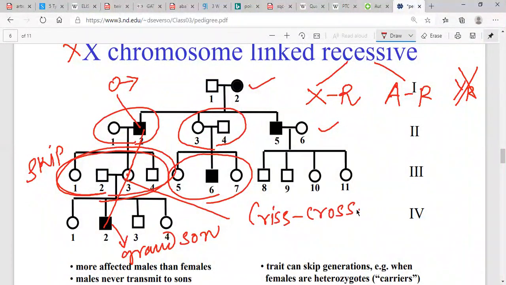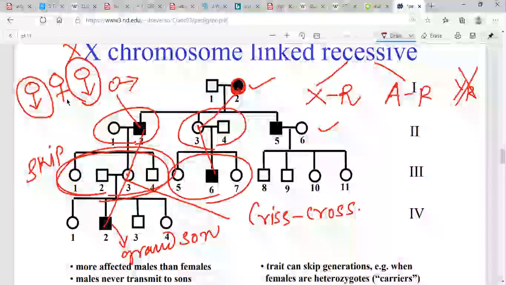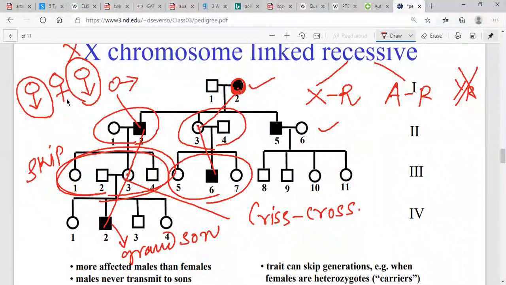Or you can see here this gene is also inherited from the parent to the daughter and to the grandson. So the best way to study this one: male to male through a female, but the female is not affected. This is one simple way to study the crisscross inheritance pattern. So if this pattern is present, definitely you can say this is X-linked recessive and not autosomal recessive.